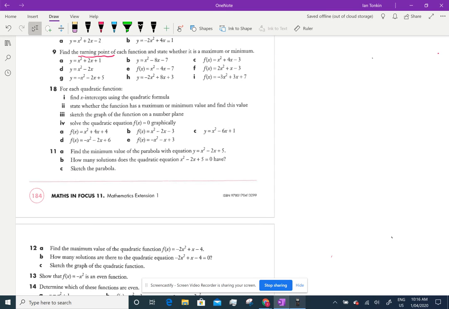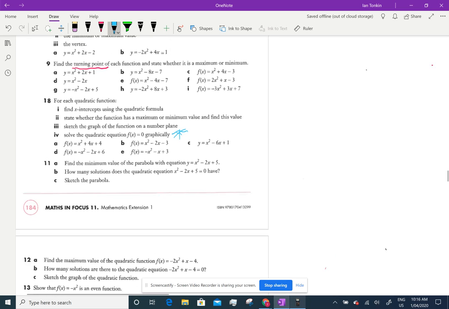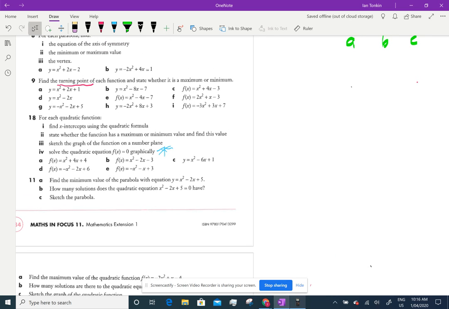And then they want you to solve it graphically. Now, that's a little bit ridiculous. To sketch by hand a quadratic equation is very hard. You'd have to plot a lot of points to get a really accurate measure. So you're not meant to solve these graphically. They say in the syllabus, being able to solve things graphically, but I think they'll give you a picture and you won't actually have to graph it.